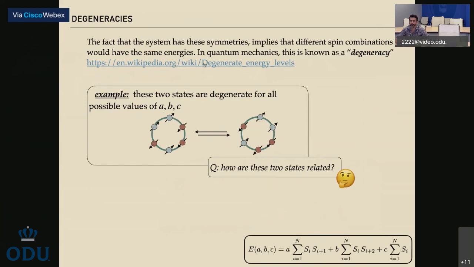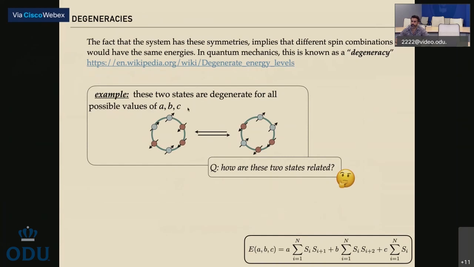I point you to a Wikipedia page on degenerate energy levels. If you have a system that is invariant under some symmetry, so I can relate 2 different states via some transformation that leaves the system symmetric, then those 2 states have to be degenerate, okay?